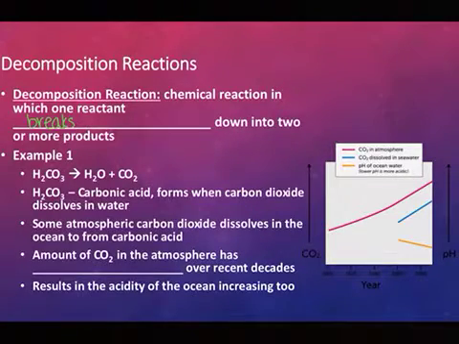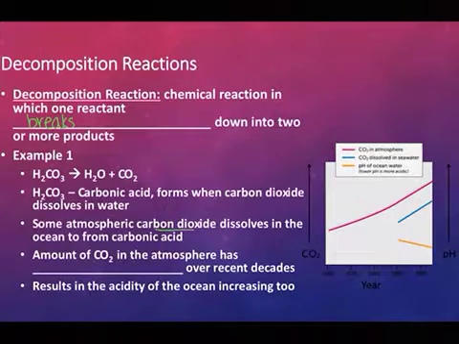And so this happens when atmospheric carbon dioxide dissolves into the ocean, and it gives the ocean a little bit of carbonic acid. So as the amount of carbon dioxide in the atmosphere has increased over recent decades, this has resulted in the acidity, because of carbonic acid, being put into the ocean.